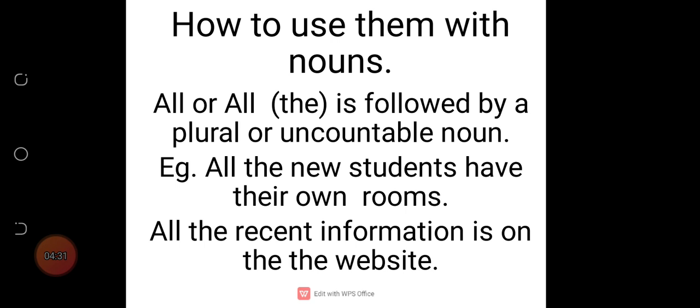When we talk about uncountable nouns, we define them to be things that we cannot count. We can only count them when we put them in units of measurement, where they are measured either with a cup or with a tin.